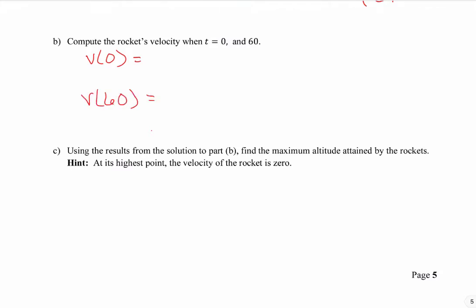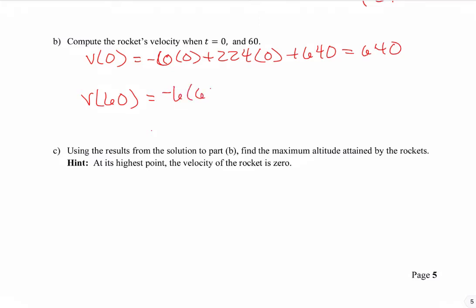And so that's just plugging and chugging. So negative 6 times 0 plus 224 times 0 plus 640 equals 640. And then I put negative 6 times 60 squared plus 224 times 60 plus 640 equals 13,720. And both of these should be feet per second.